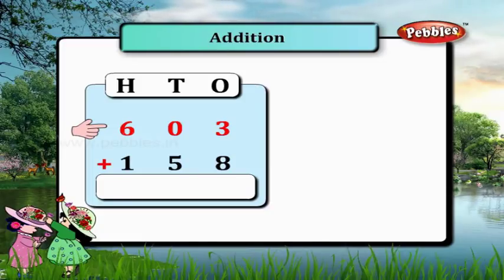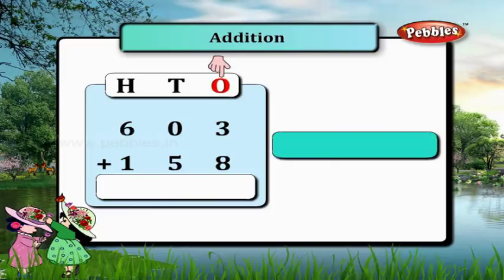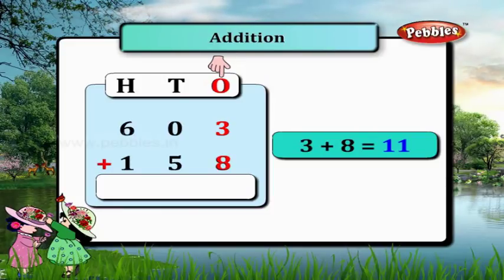603 plus 158. Add the ones. 3 plus 8 equal to 11. Write 1 in the ones column and carry over 1 to the tens column.